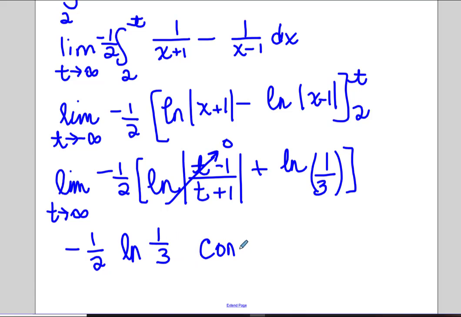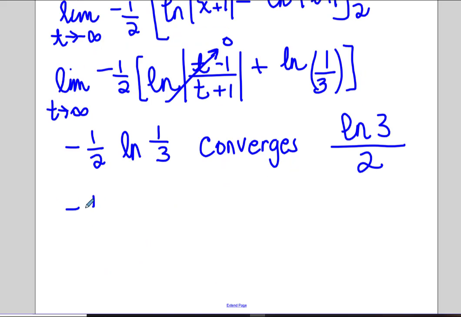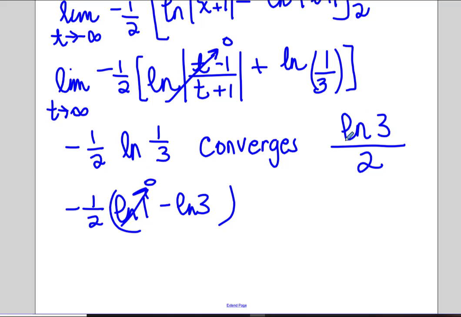And that would converge because our answer is natural log of 3 divided by 2 using the properties of logs, because this would be natural log of 1 minus natural log of 3 using the log properties. So this is 0. That's our converging definite integral. That one was tricky.